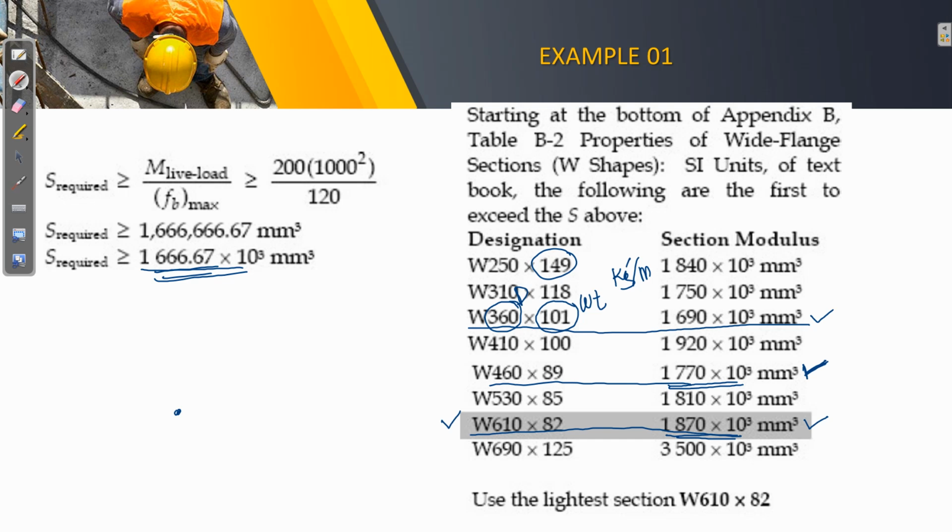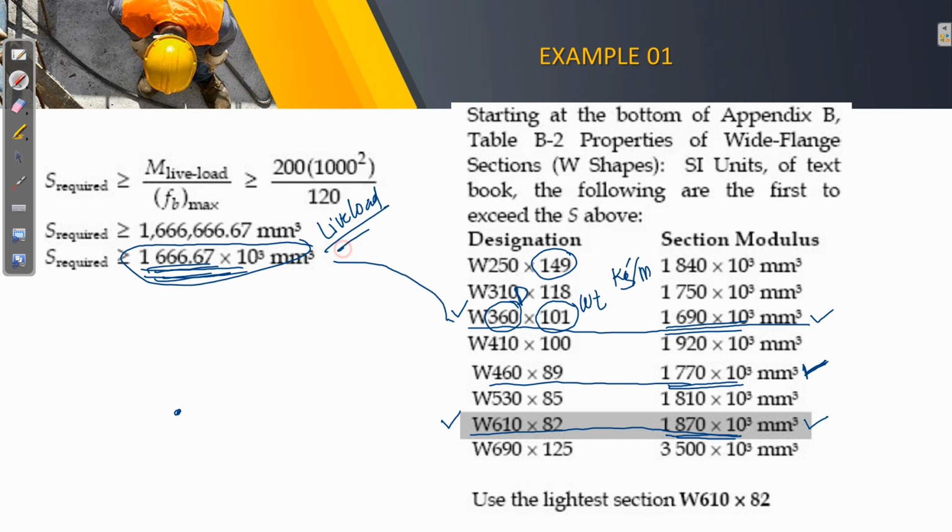So in this case, this could be capable, but must have to be checked because your value is too close. Okay, although this is larger than this one. Remember that this S here is derived from live load only, right?